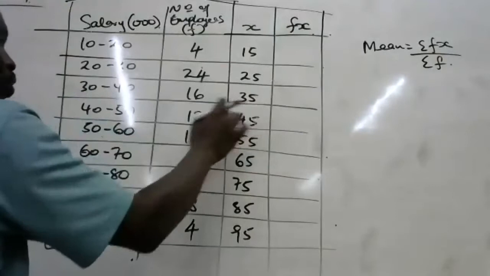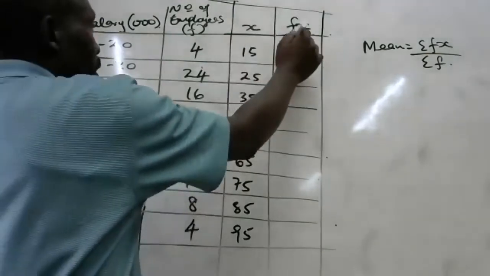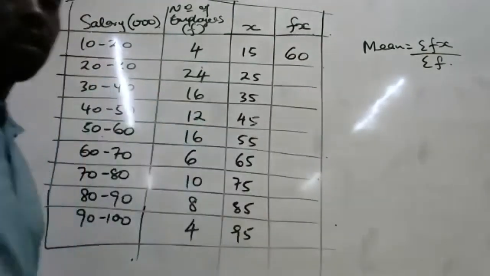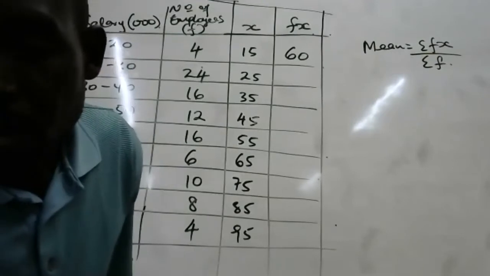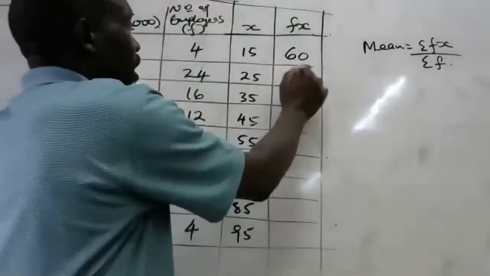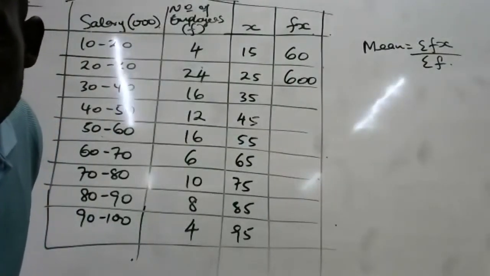You get the fx down the table, and I don't know if you will assist me with that. With those figures, this one is going to be what? 60. 24 times 25, 600. I can now hear you correctly. The other one? 560.